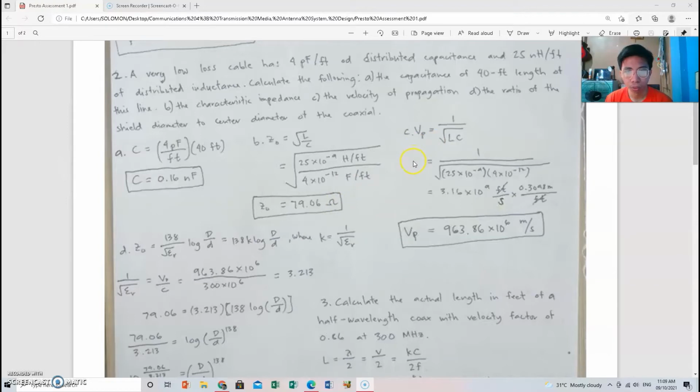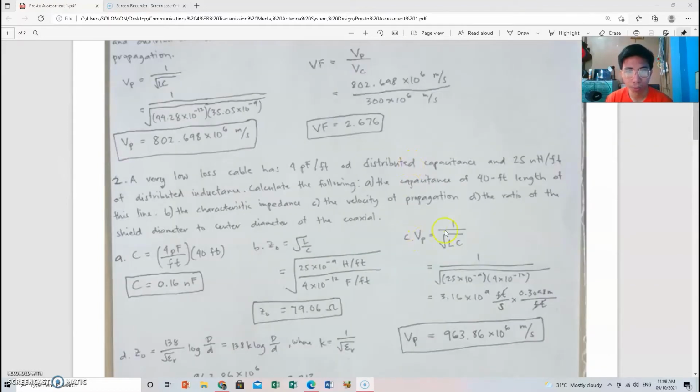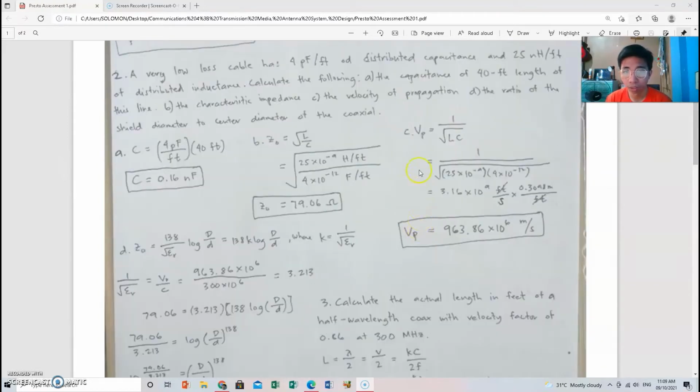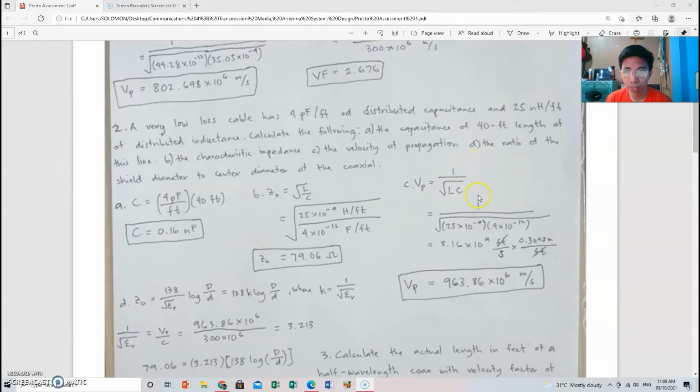So we have a similar formula from number 1. So again, the velocity of propagation will be equal to 1 over square root of LC. So simply input the given values. So that is 1 over 25 times 10 to the power of negative 9 for the inductance, and 4 times 10 to the power of negative 12 for the capacitance. And simply calculate this, we will have 3.16 times 10 to the power of 9 feet per second.